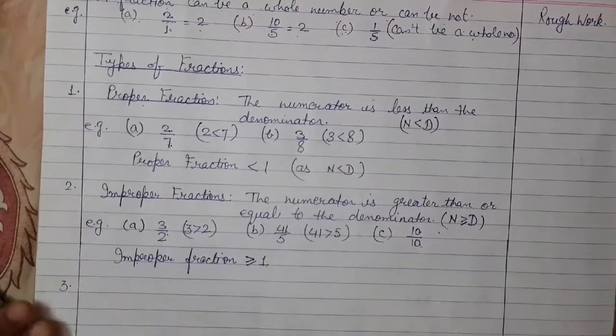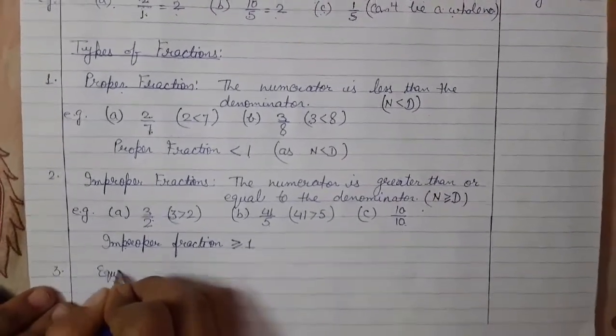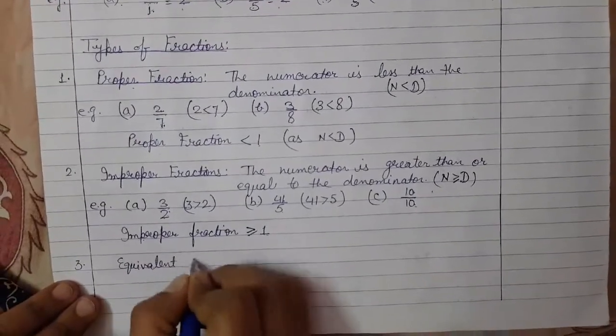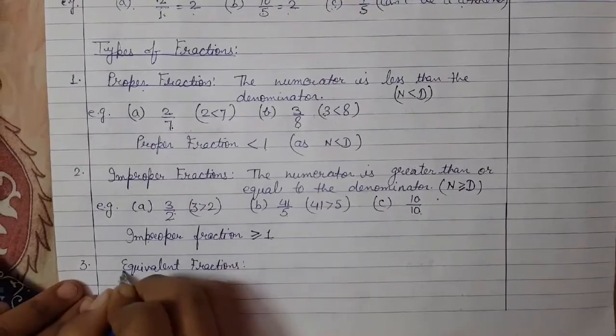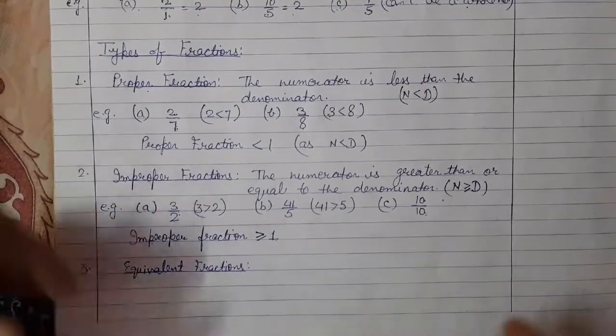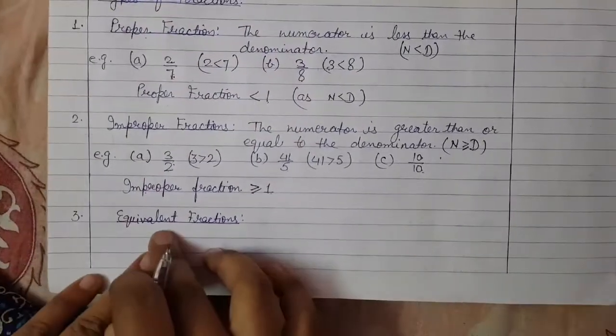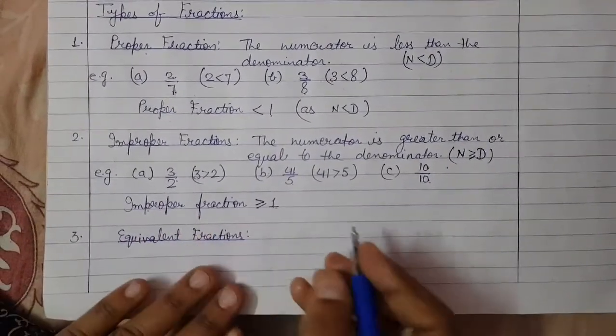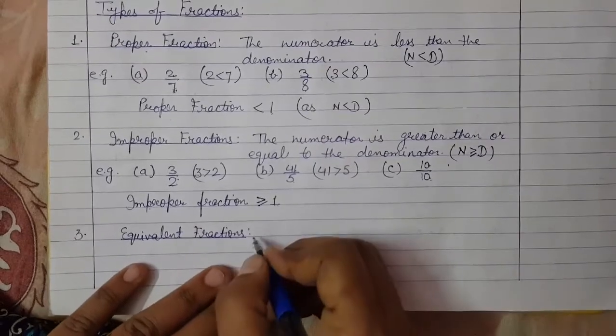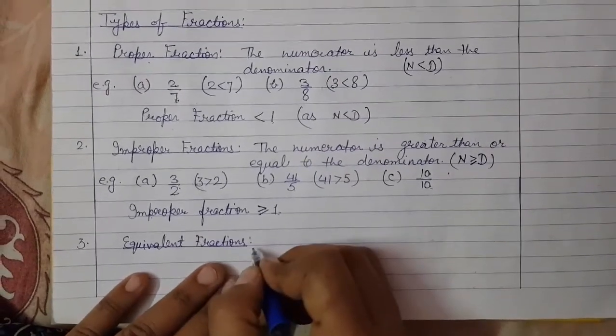The third type of fractions is equivalent fractions. As the name implies, in equivalent fractions, two fractions are like that, they seem to be equal. How can we get these equivalent fractions?